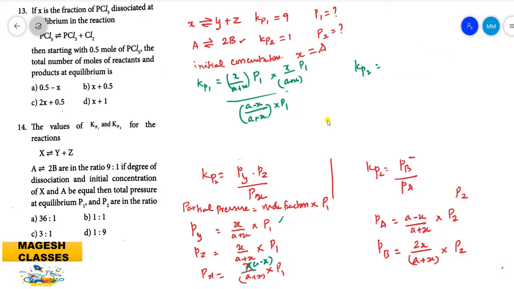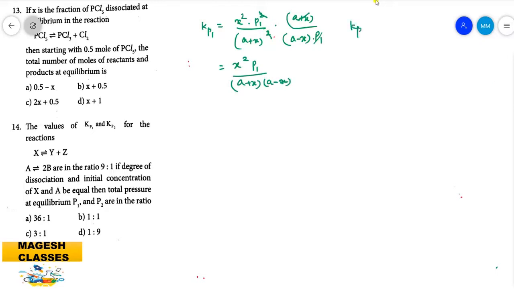Cancelling, and A plus x is cancelled. Finally we get Kp1 equal to x squared P1 divided by A plus x into A minus x.